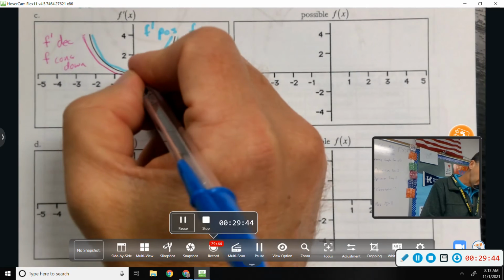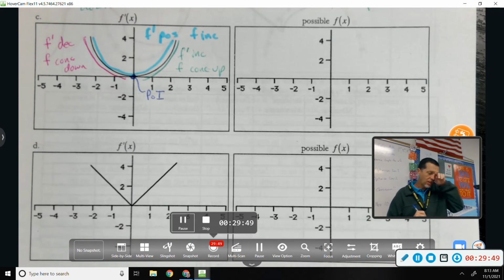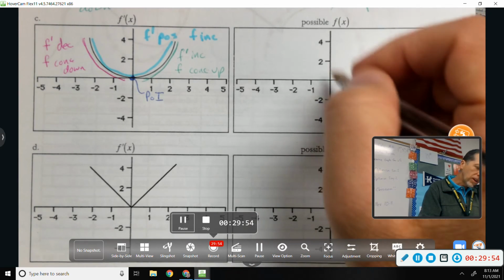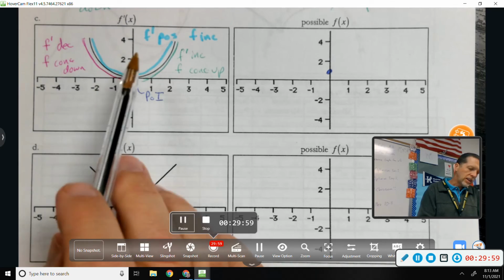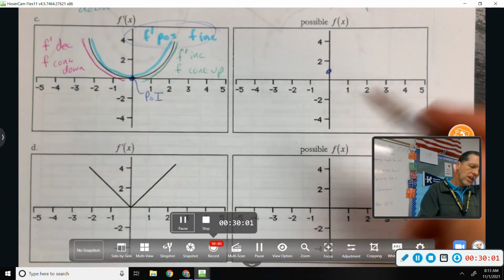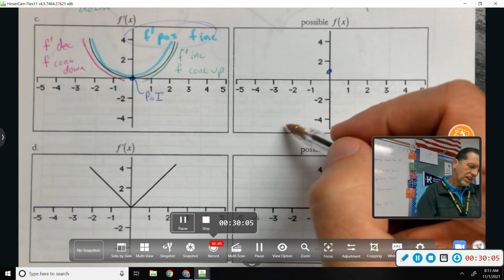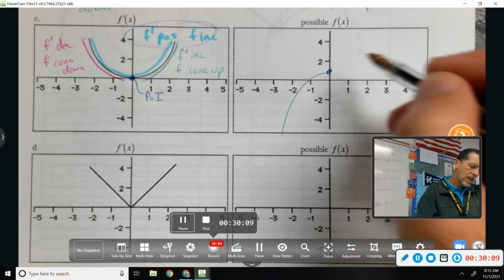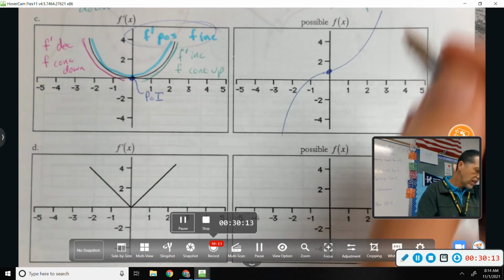And if we change concavities, that's a point of inflection at 0. So I don't know where the point is, but I know at 0 there's a point of inflection. I need to be increasing the whole way, but I need to be concave down on this side. Increasing the whole way, concave up on the other side. Something like that.